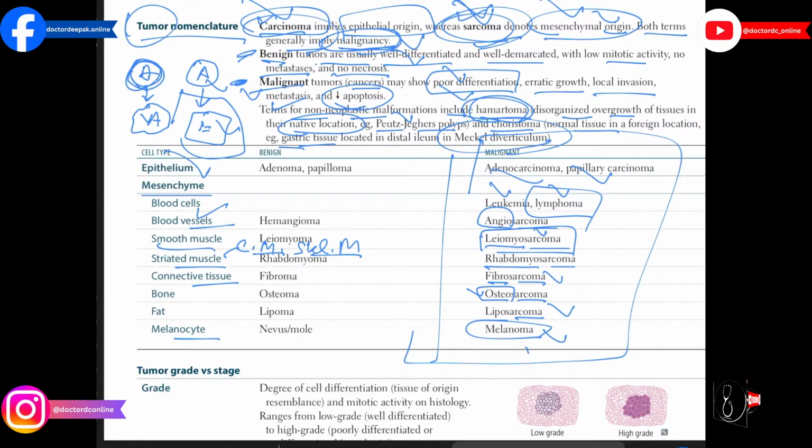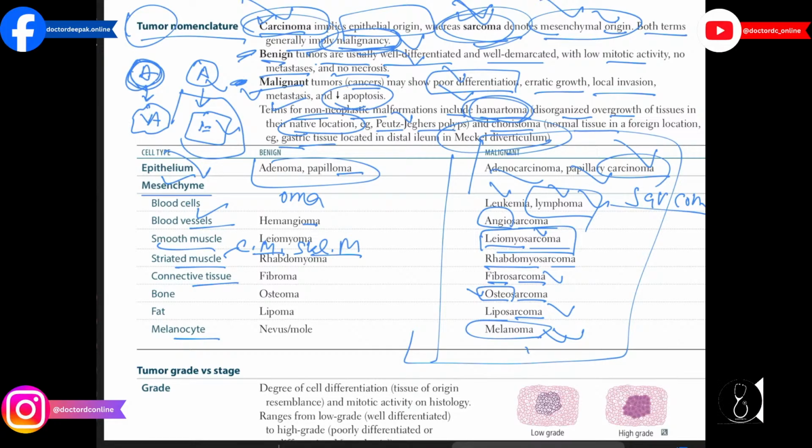Melanocytes, melanoma is an exception. Whenever a tumor name ends in oma, it is benign, except lymphoma and melanoma. Epithelial benign tumors are adenoma and papilloma. Malignant names end in carcinoma and sarcoma: carcinoma for epithelial origin and sarcoma for mesenchymal origin.